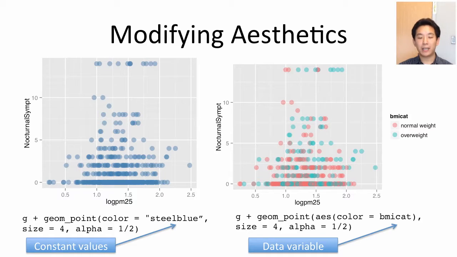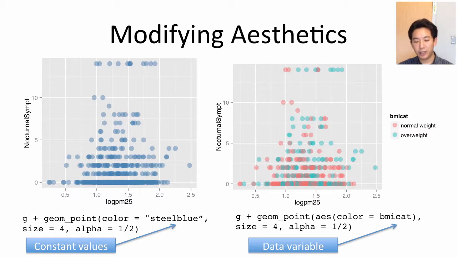The important thing to realize is that I placed these options in the geom_point function, and each one of these options, the color, the size, the alpha, have all been set to be a constant. And so the constants are not actually aesthetics. They're just options for putting the points on the page.